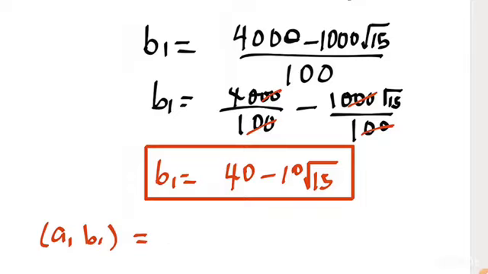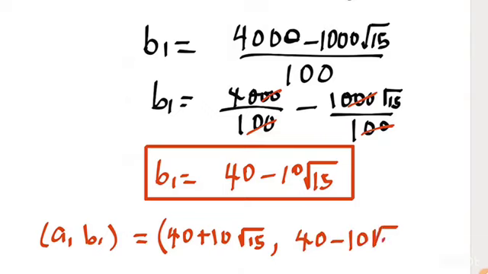A1 is when you have 40 plus 10 root 15, then B1 will be 40 minus 10 root 15. That is when you have A1, B1.